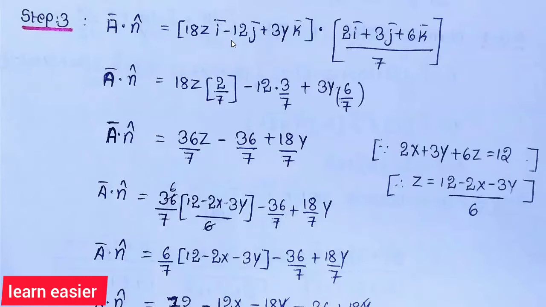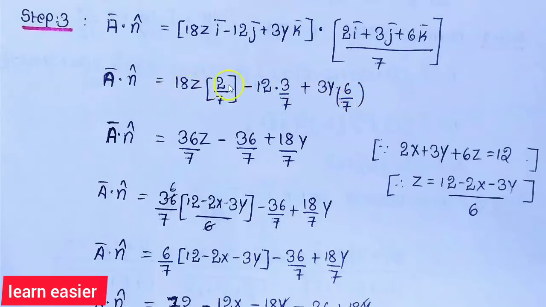Let's multiply only the coefficients of i bar, j bar and k bar. So here we have 18z into 2 by 7, and minus 12 into 3 by 7, and plus 3y into 6 by 7. Finally we have 18z into 2 by 7 minus 12 into 3 by 7 plus 3y into 6 by 7.